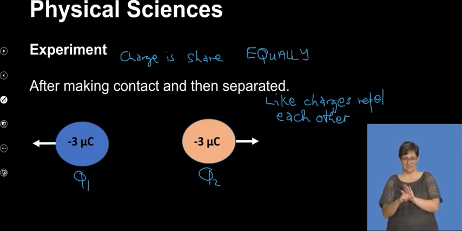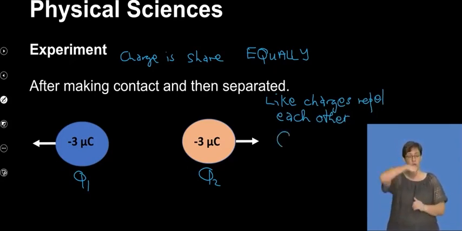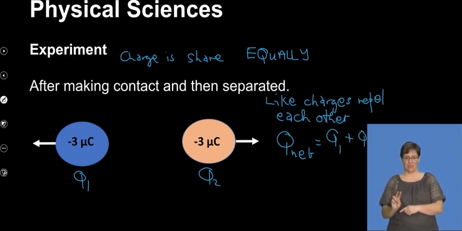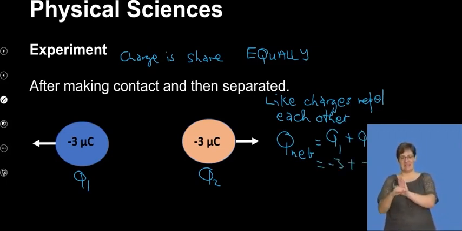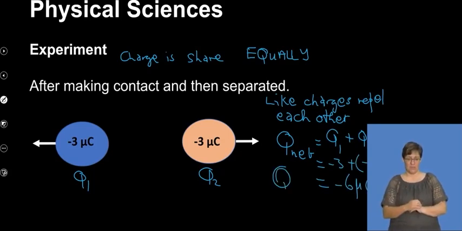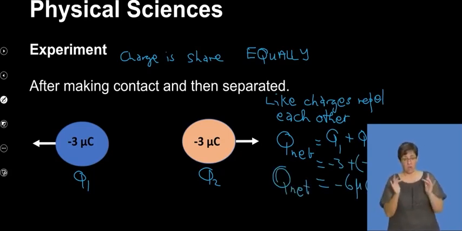But again, to show you something very important, Q net is still equal to Q1 plus Q2, which means it's -3 plus -3, which is still -6 microcoulombs. So our net charge before and after contact has remained unchanged. Hence we use the term conservation.